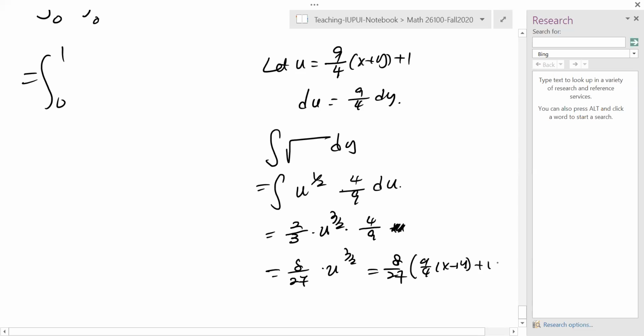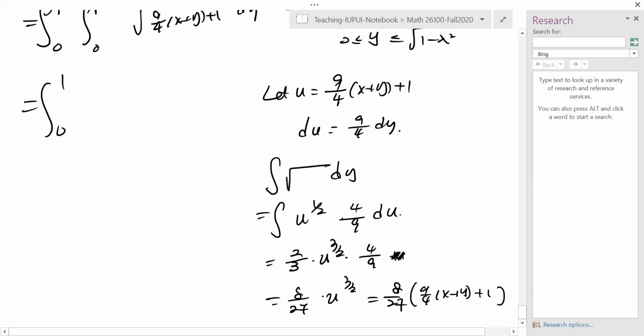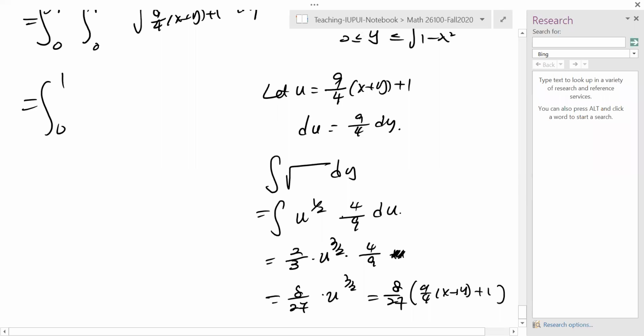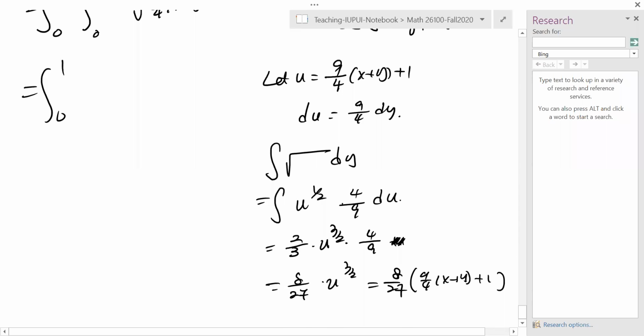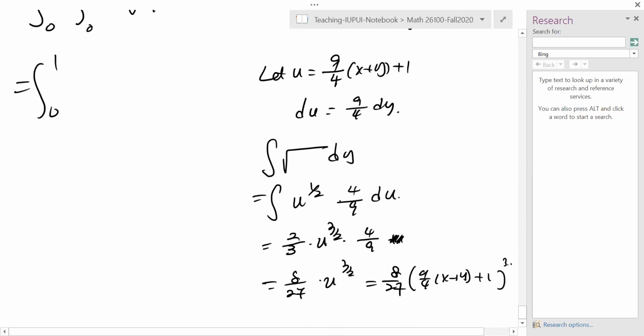I think we're still not able to evaluate this integral because we only found the antiderivative of that function, a 3/2 power.